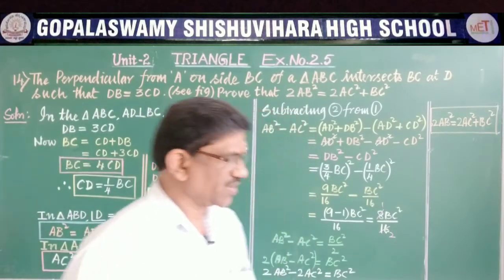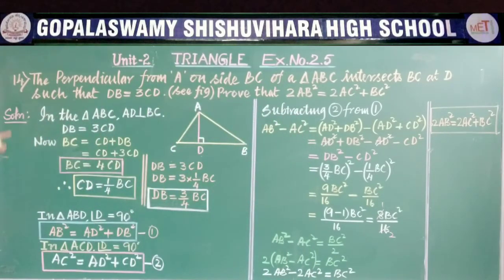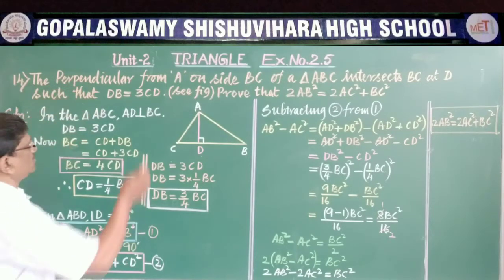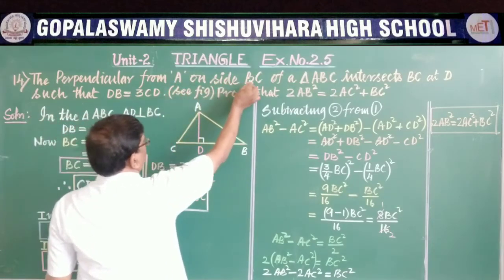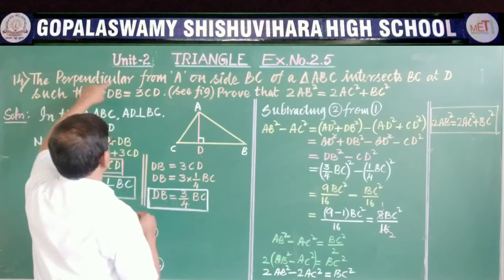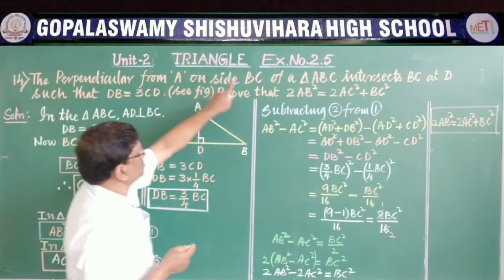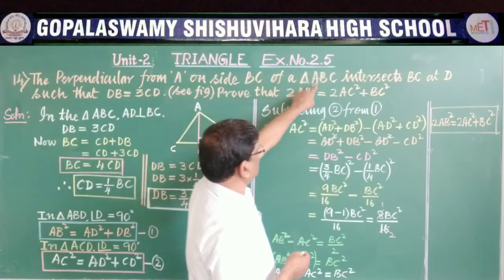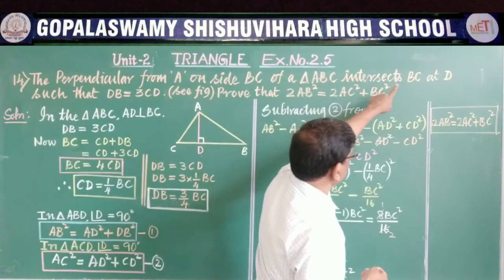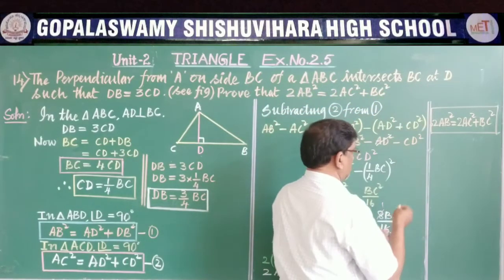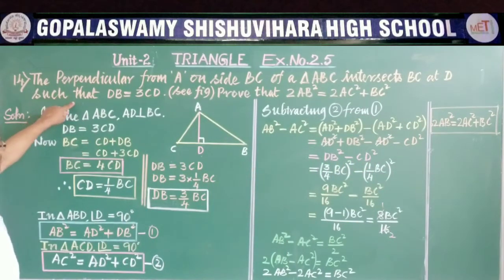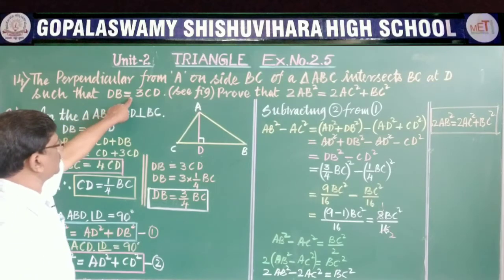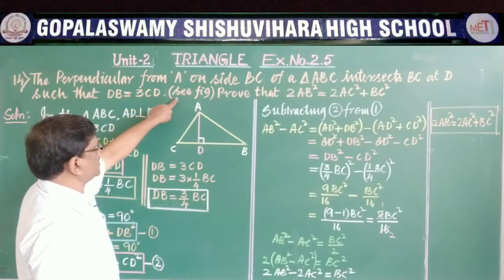Okay, children. What the 14th question says: the perpendicular from A on side BC of a triangle ABC intersects BC at D such that DB is equal to 3CD, as in the figure.